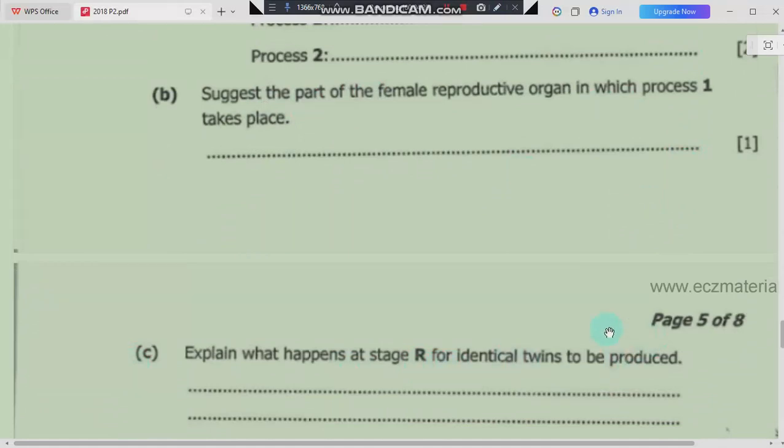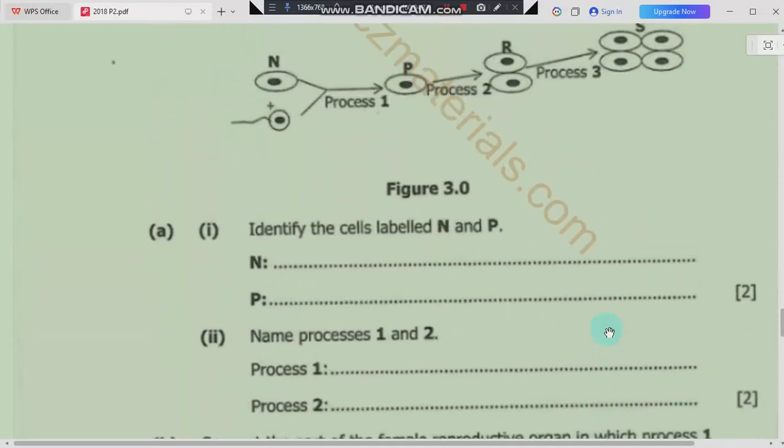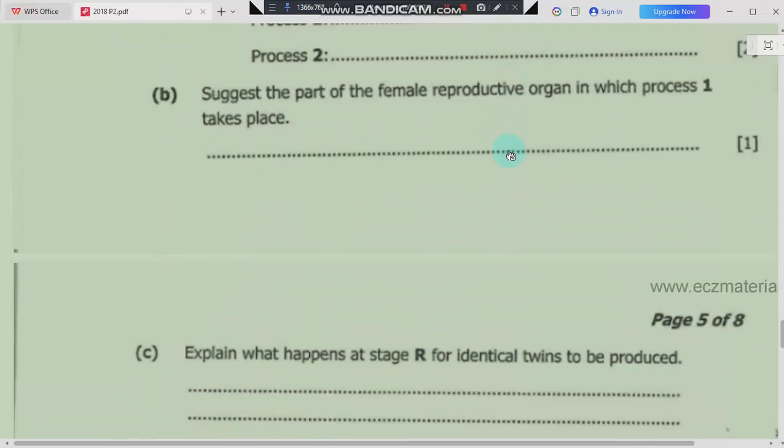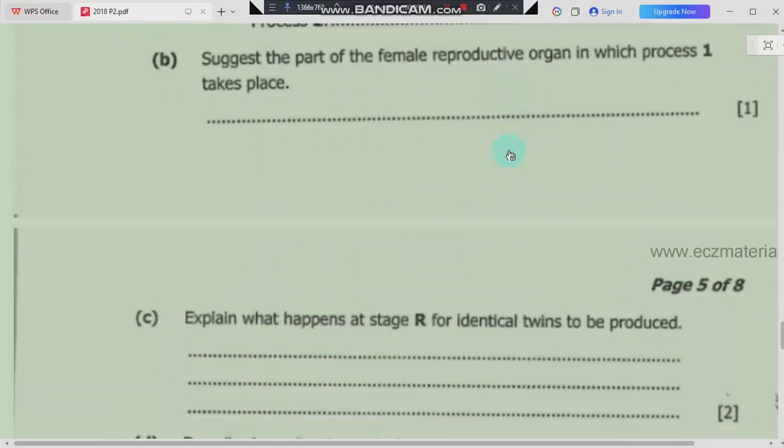So for identical twins to be produced, a single sperm cell is going to fertilize this particular one, and it is going to produce the same DNA which is also produced in here, and that in turn is going to cause two twins that we call identical twins to be produced. That is just on a surface level, but I want you to do a bit of research on that so that you can learn better.